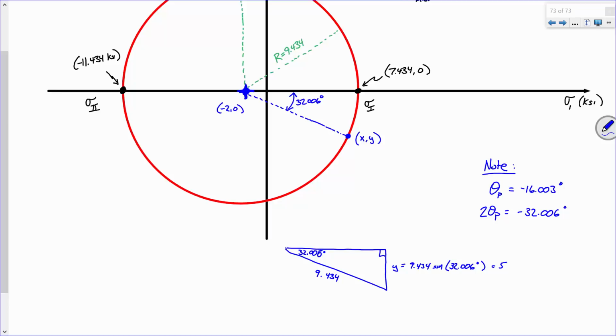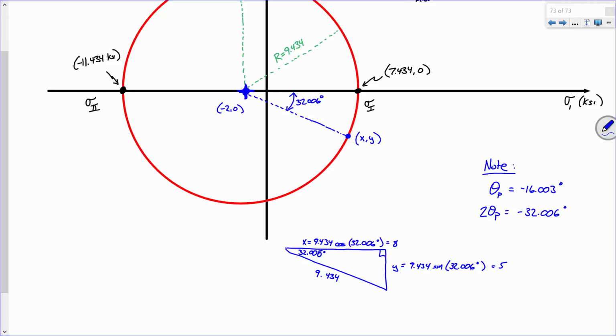All right. Now, x equals 9.434 cosine of 32.006. What does that come out to be? 8. I promise if you go through and track all your decimals and all that, it comes out to be exactly 8. And this comes out to be exactly 5. Watch this.